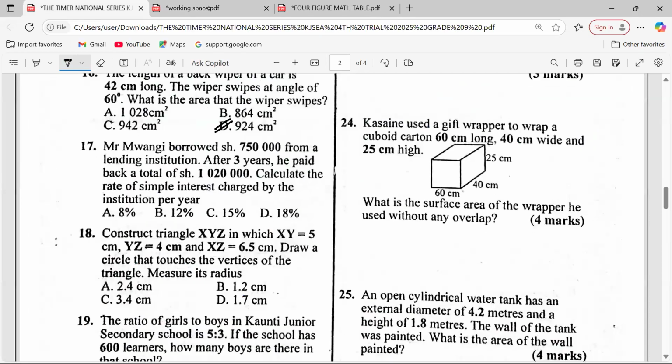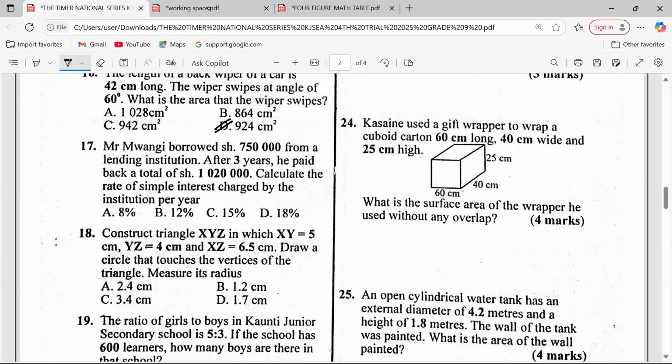At number 17 now, Mr. Monkey borrowed 750,000 Kenya shillings from a lending institution. After 3 years, he paid back a total of 1,020,000 Kenya shillings.